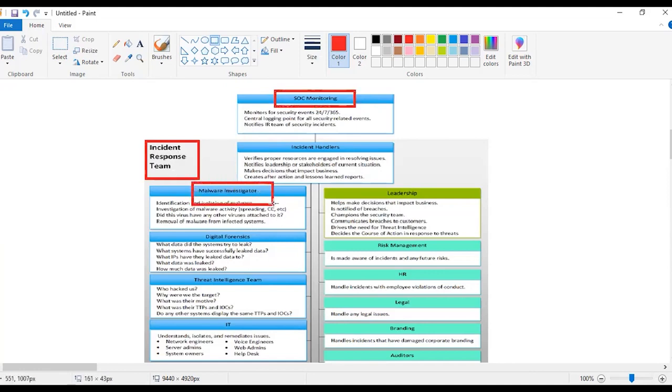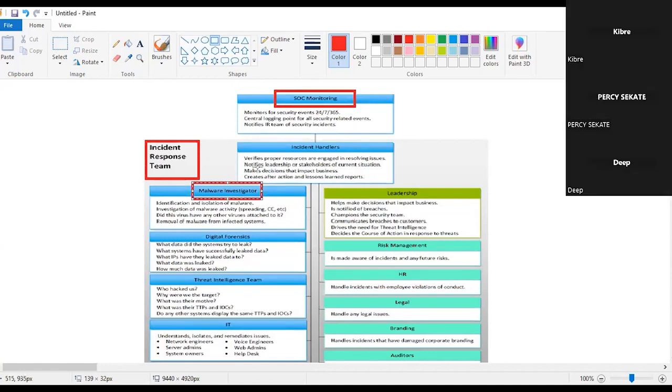There are different malware investigators. If an incident occurs and malware gets into a host, the malware investigator puts that malware or payload into a sandbox and tests it. There are incident handlers, digital forensics.